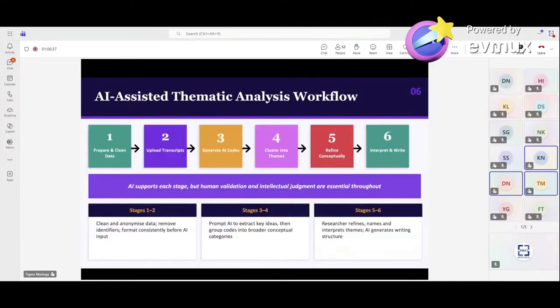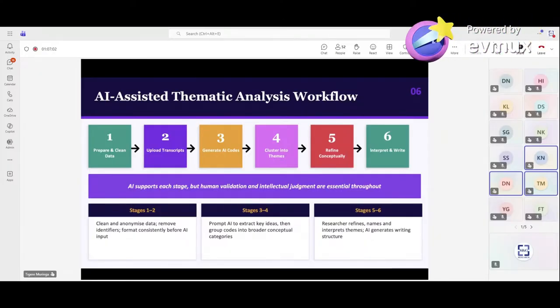So our AI-assisted thematic analysis approach has 6 steps, right? And these 6 steps, we are borrowing them from the traditional Braun and Clarke thematic analysis approach. But whereas in your AI one, you need to begin by preparing and cleaning the data.